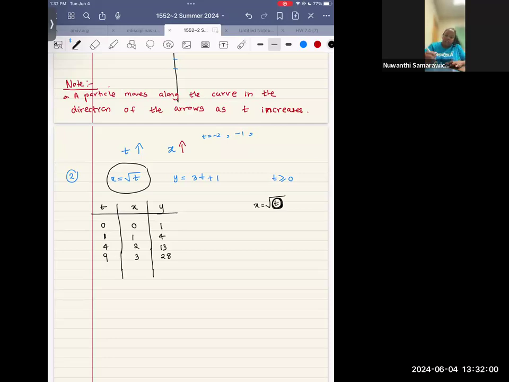Okay, so let's draw it. When you draw it, you will get very large y coordinates, so I will not draw all the points, but you will get something like this. So (0, 1), and (1, 4).